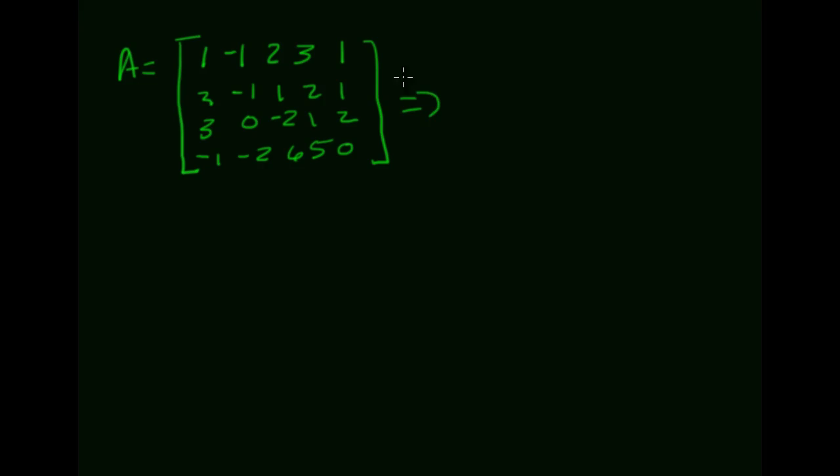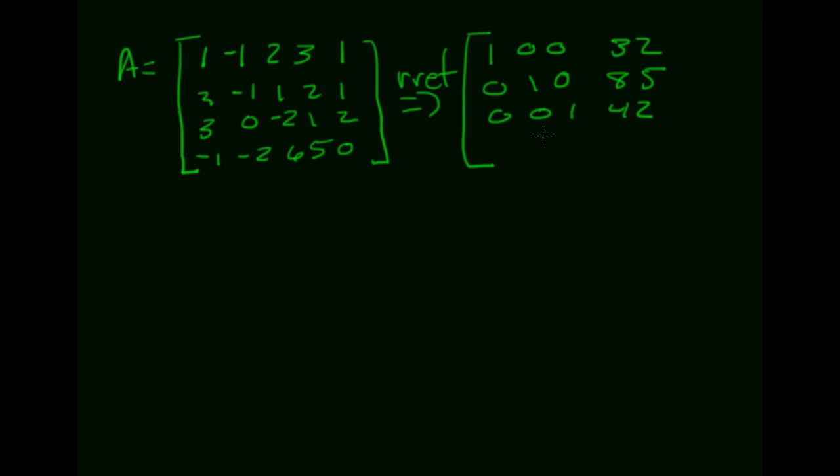If you did Gauss-Jordan on this, you're going to get 1, 0, 0, 3, 2, 0, 1, 0, 8, 5, 0, 0, 1, 4, 2, 0, 0, 0, 0, 0.